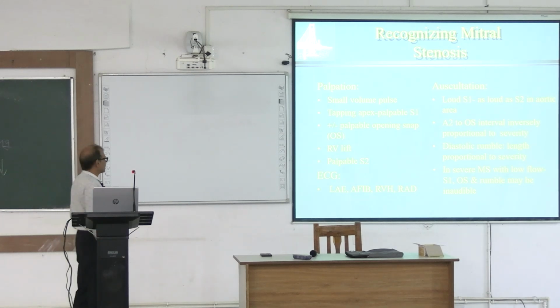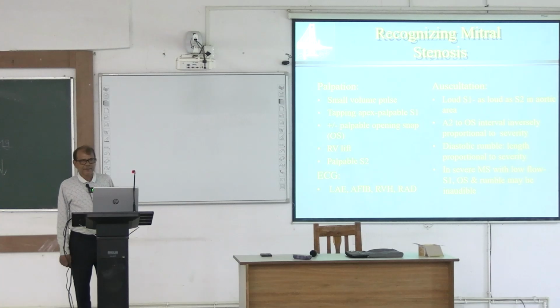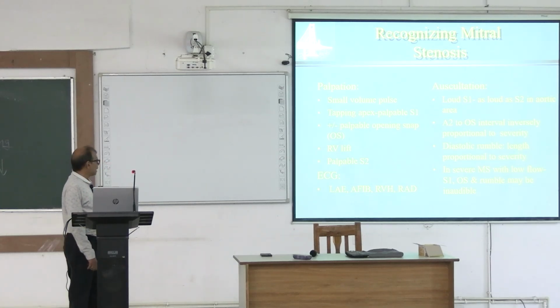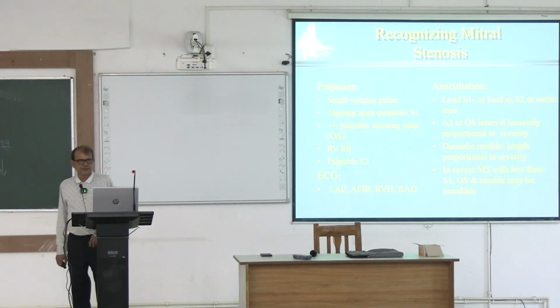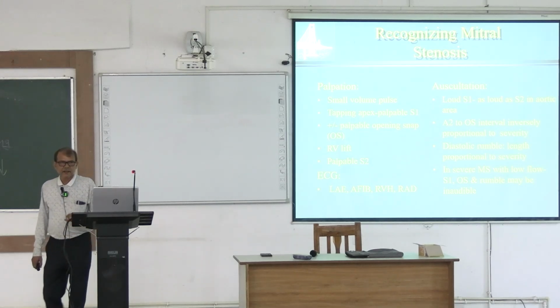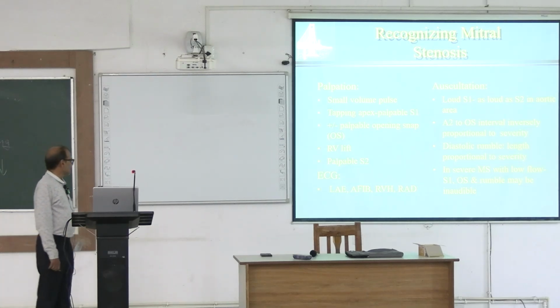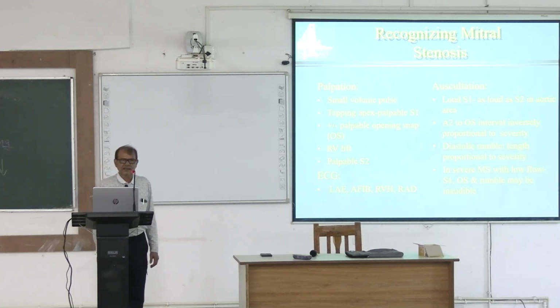Then comes the apex beat. Palpable S1 may be present. There may be a thrill that is diastolic in its nature. Third point, there may on occasion be a palpable opening snap. Left parasternal heave reflecting right ventricular hypertrophy.